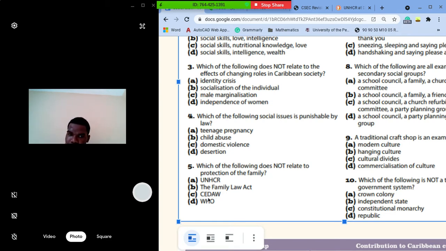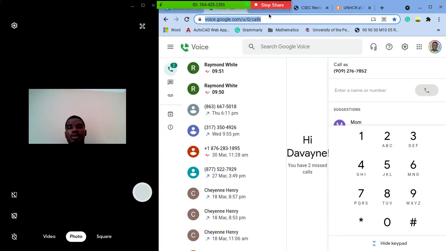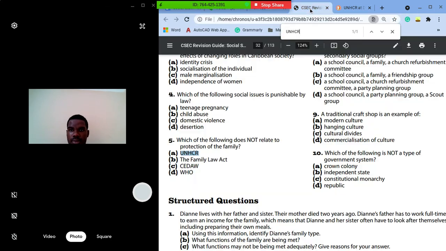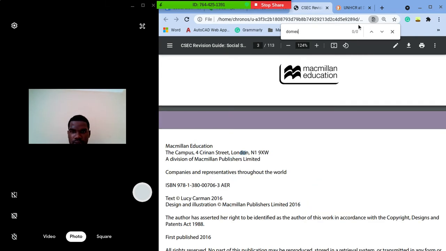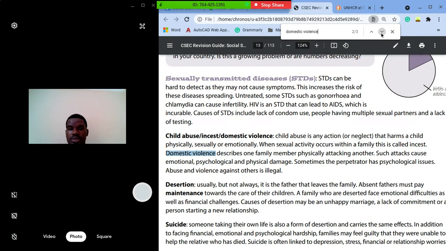And the Family Law Act, we already know. My bad. The Family Law Act. I always want to reference the book when I'm using these sources.